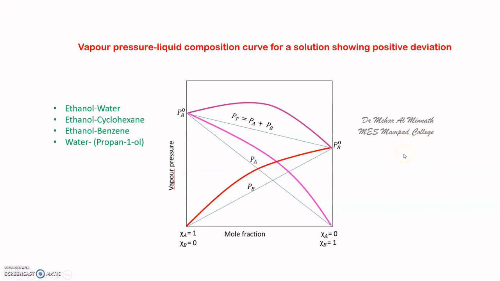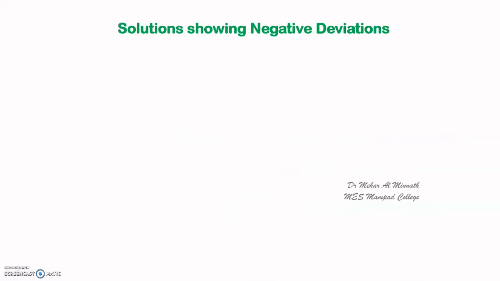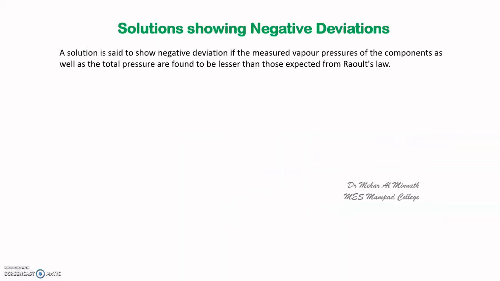In a similar way, we can explain the solution showing negative deviation also. In a solution showing negative deviation, the vapor pressure of the components and the total pressure will be found to be less than what has been expected as per Raoult's law. So delta H mixing and delta V mixing will be less than 0, or negative. That means when you mix 10 ml of A and 20 ml of B, you will get a volume of solution less than 30 ml.